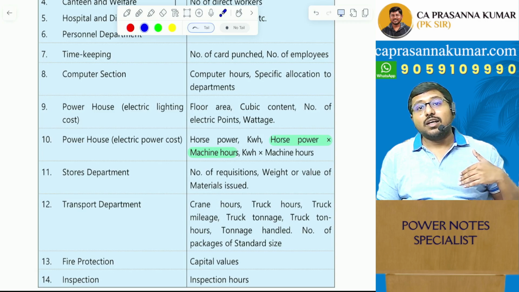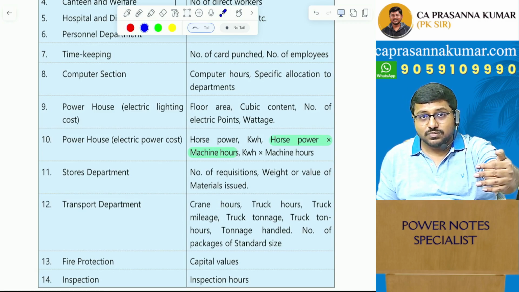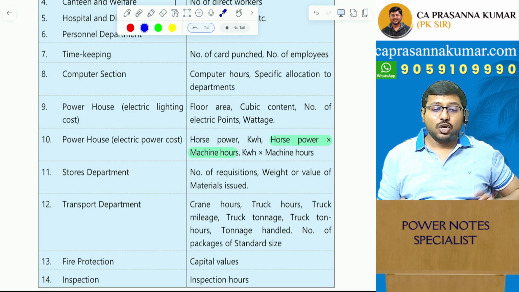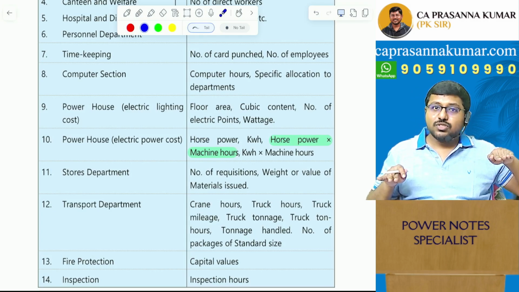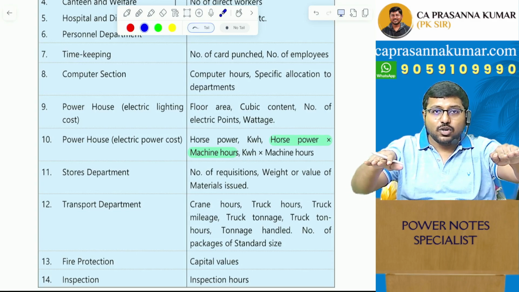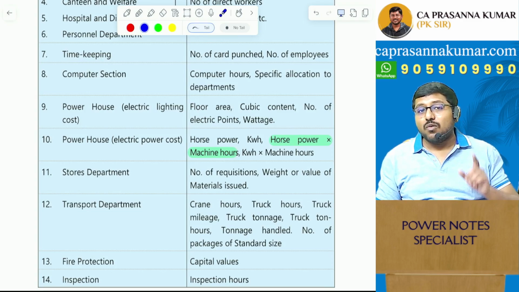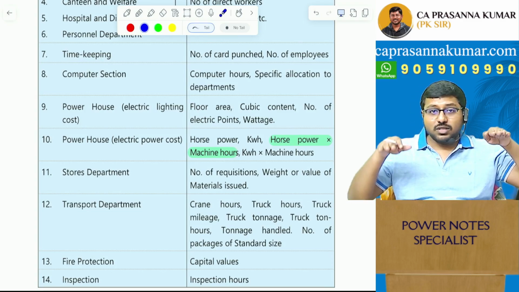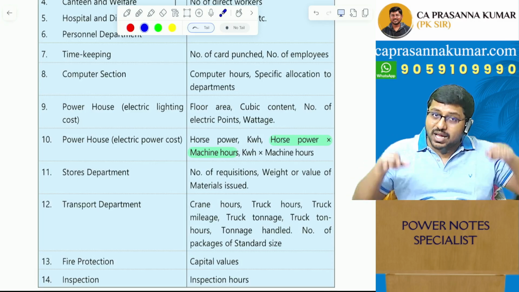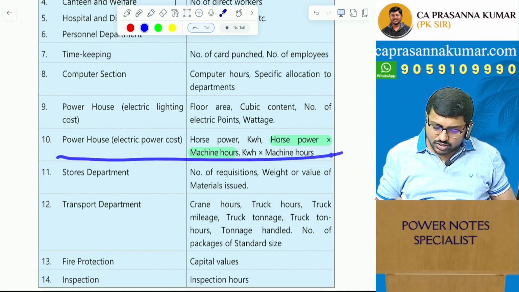Similarly, the greater the number of kilometers you travel, the greater the consumption of fuel. So when two cars, a Maruti Suzuki and a Toyota Fortuner, travel 500 kilometers, say from Bangalore to Hyderabad, how will you calculate your fuel consumption? Based on the horsepower of the machines plus the distance traveled. In other words, the multiplied value of both. Same logic applies here.